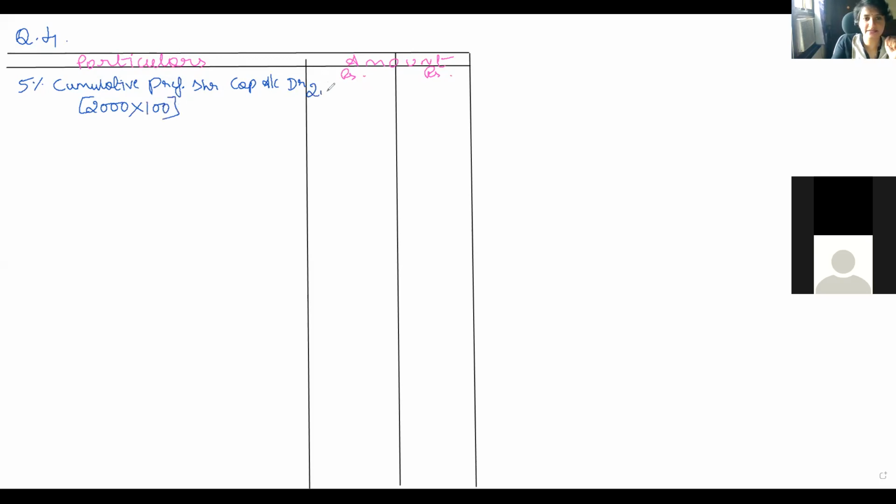That is 2 lakh. Yes. Correct? Yes, 2 lakh. So we had to give 2 lakh to the preference shareholders. In exchange, what all did we give them? One, we gave equity share capital, right, and one, we gave 4% cumulative preference shares. Yes, correct, 4% cumulative preference shares. So right here, to 4% cumulative preference share capital account.